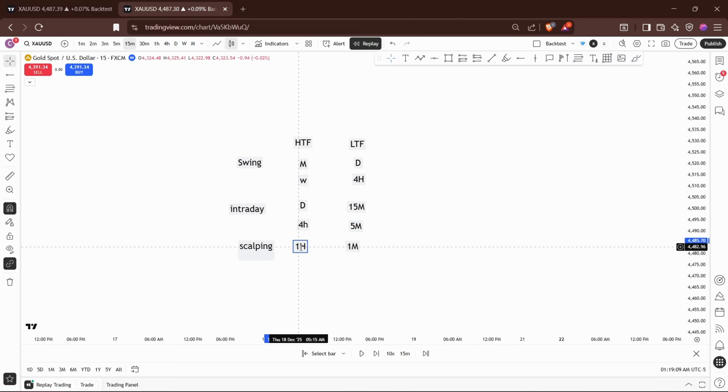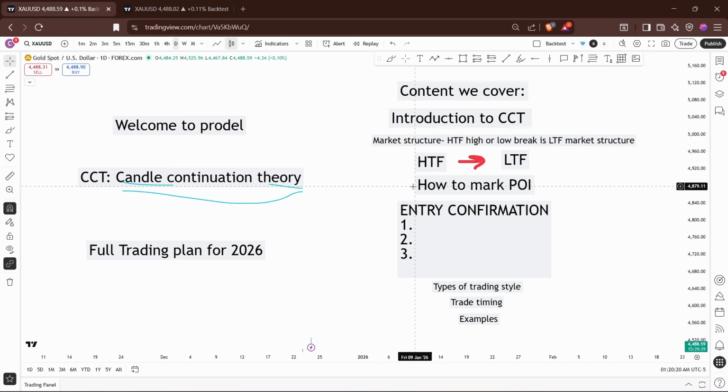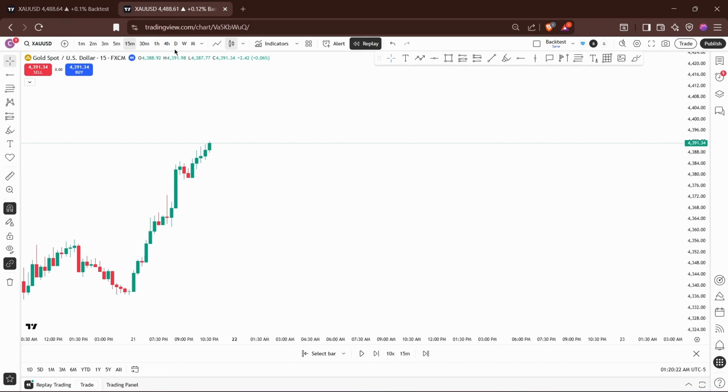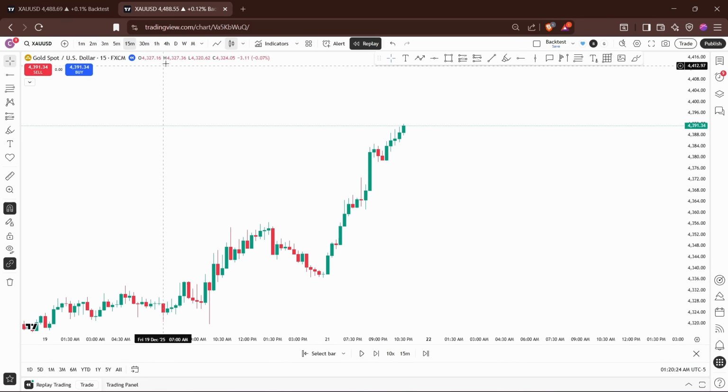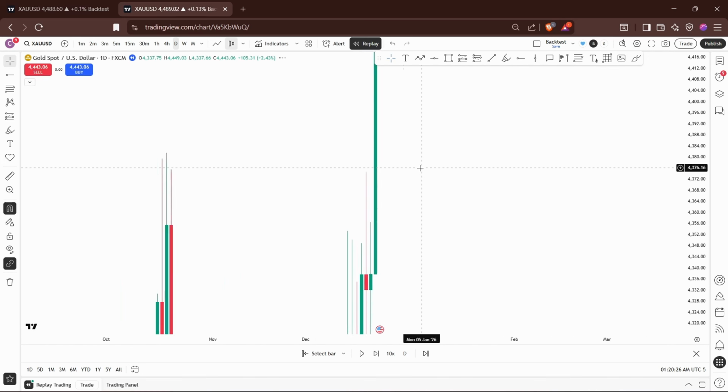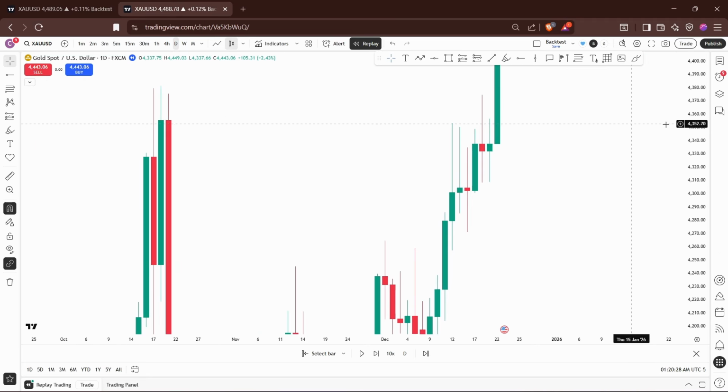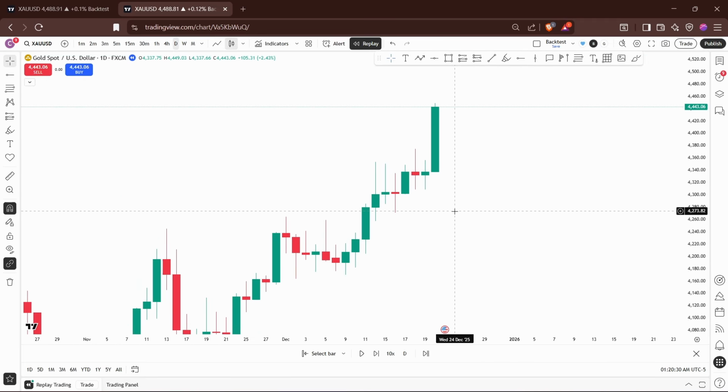For scalping, you can use 1 hour as a higher time frame and 1 minute as a lower time frame. This is the time frame alignment of every style: swing trading, intraday, and then scalping. And the next topic is how to mark POI. I hope you understand the time frame alignment, and I will show you how to mark POI.